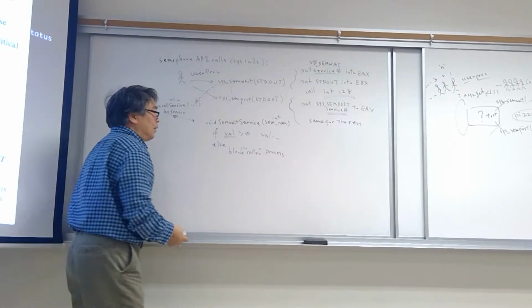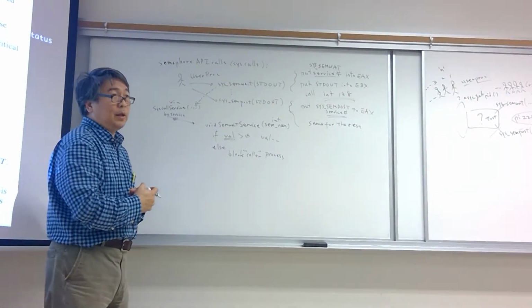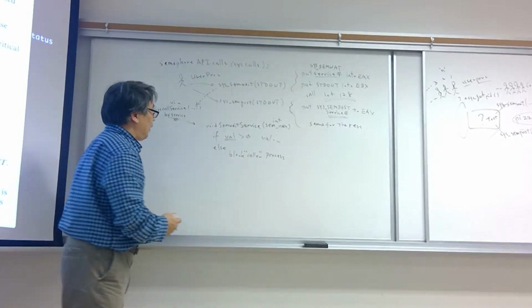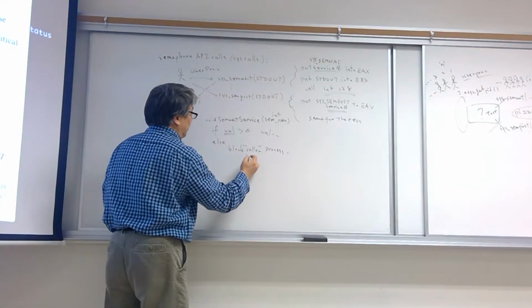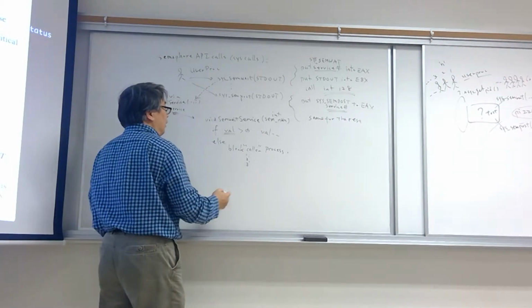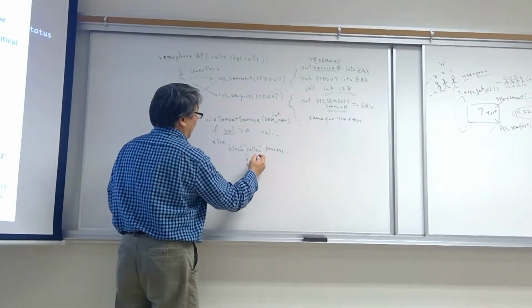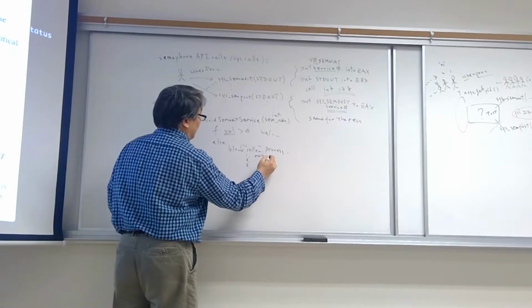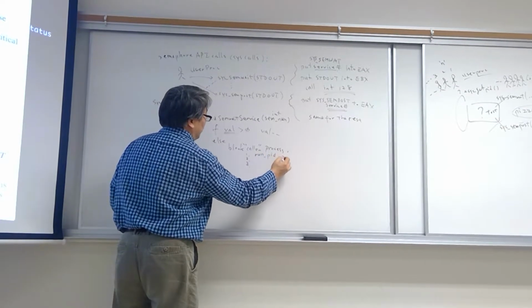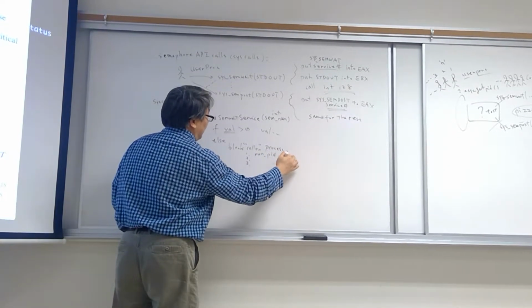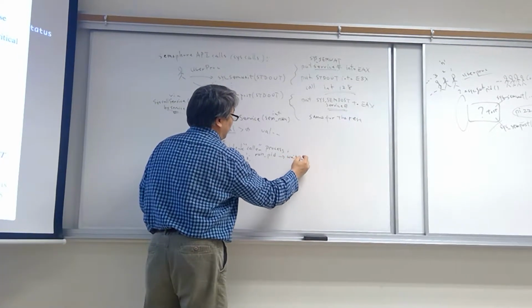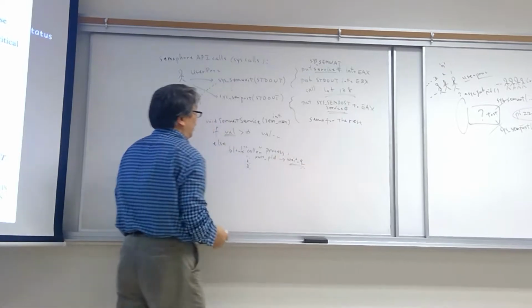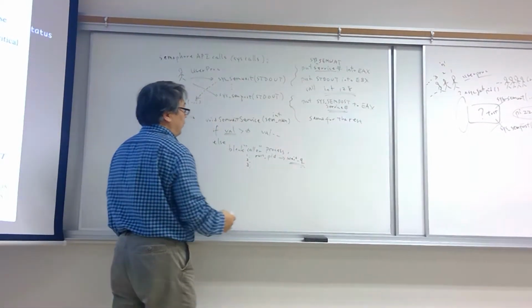The calling process PID is the RUNNING. So that means there are 3 things to do when we block. 1, 2, 3. One is the running process is going to go into the wait queue of the semaphore.